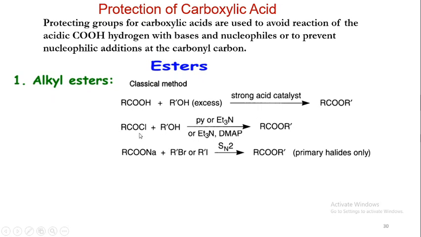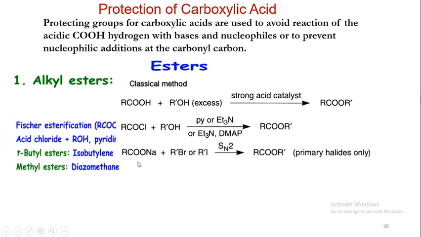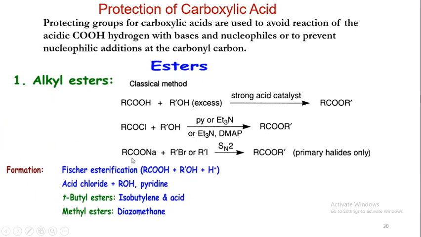In the next method, the acid chloride is reacted with alcohol in the presence of some base, which also gives an ester. In the last method, the acetate is reacted with an alkyl halide by the SN2 manner, which also gives the ester. These are some classical methods to convert carboxylic acid into ester.